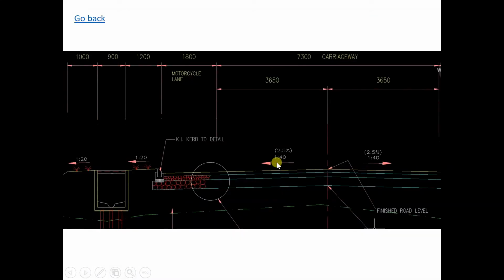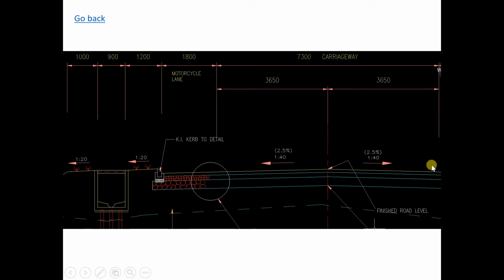Usually for a two-way, two-lane road, the road will have a slope from the center to the side. This is a road with curb and channel. This one is at 2.5%, which is a ratio of 1 to 40, 1 vertical, 40 horizontal.